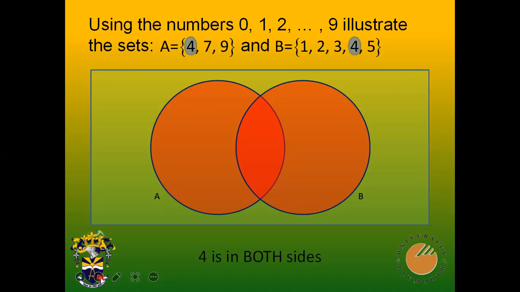A is the first ball here and B is the second ball. Then 4 is the common element. So A intersection B will be 4, because 4 is on both sides. And 7 and 9 are only in set A.